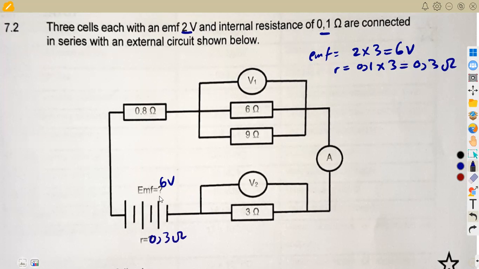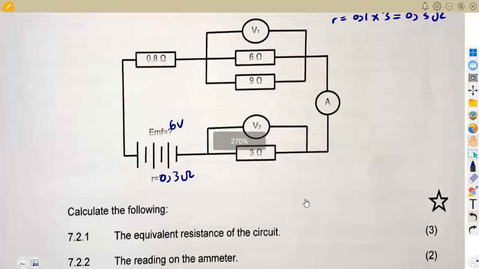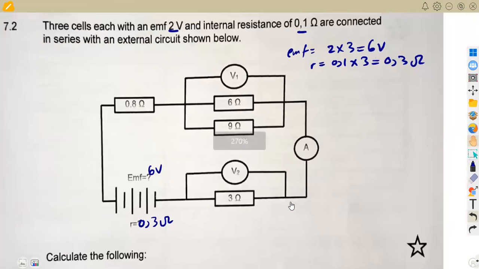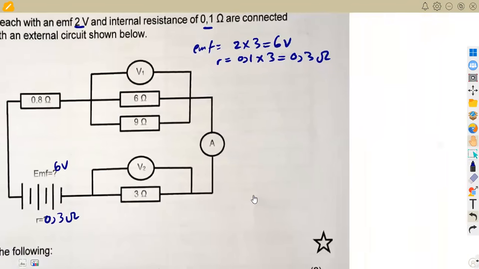That was the case. So the question now is calculate the equivalent resistance of the circuit. All right, we have to calculate the equivalent resistance of the circuit. So if we are to consider our circuit in this case, the total resistance, that's 7.21.